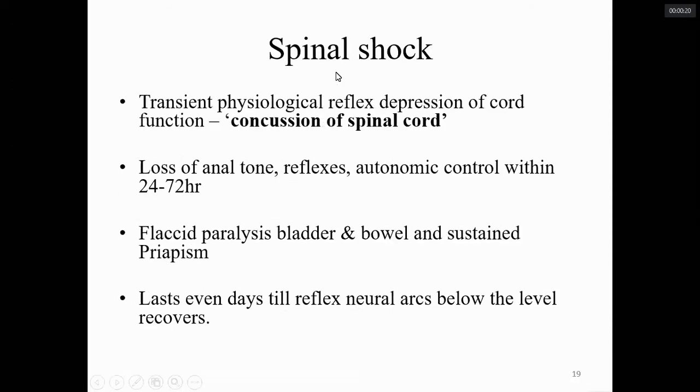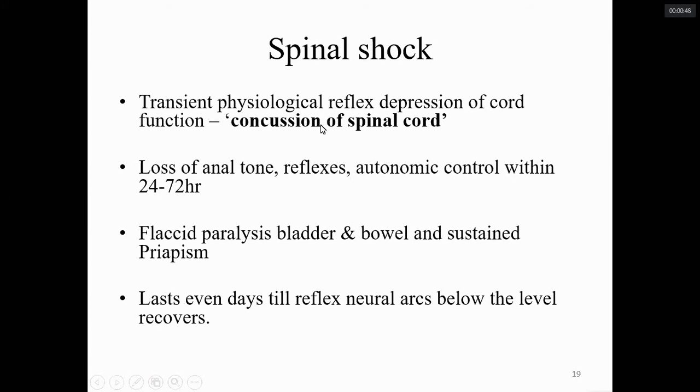Now, talking about spinal shock. In spinal shock, there is a transient physiological loss of all the autonomic functions, leading to complete flaccid paralysis of the lower limb. There is no power in the muscle, no sensation, all are gone, and that is spinal shock.